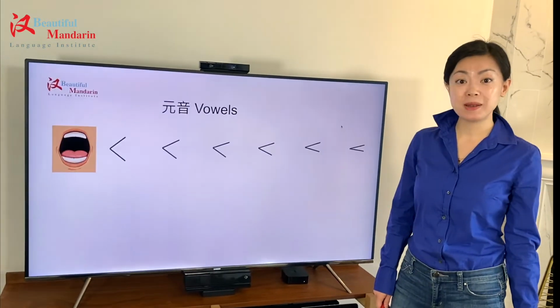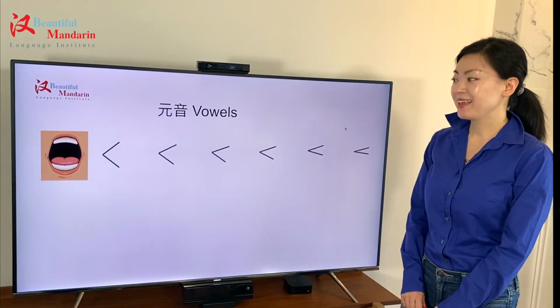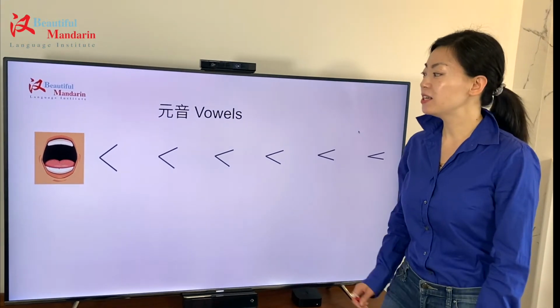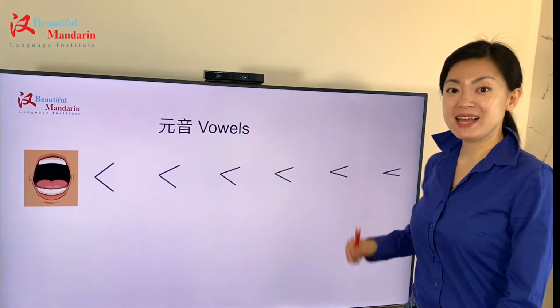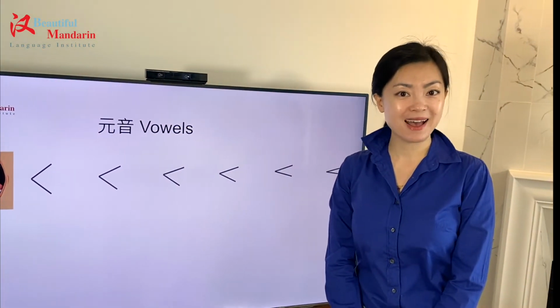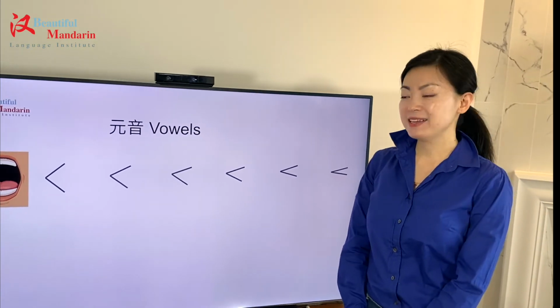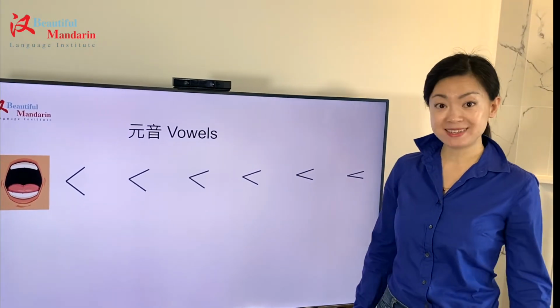好，那现在我们来试一下，你可以按照口型的大小来排列这6个元音吗？ Let's try if you can put them in the order.